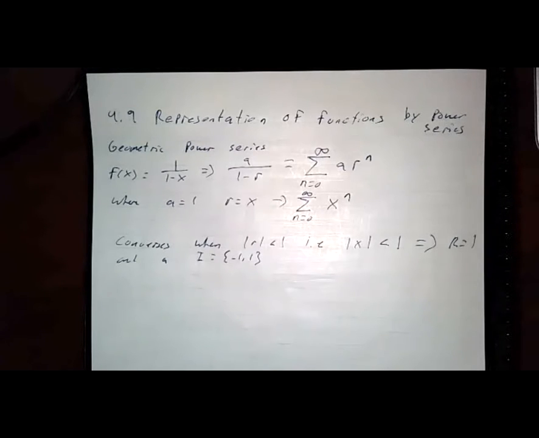So let's do an example. They're going to give us where it's centered, and we've got to create the series. And once we find the series, we then have to figure out where it converges.